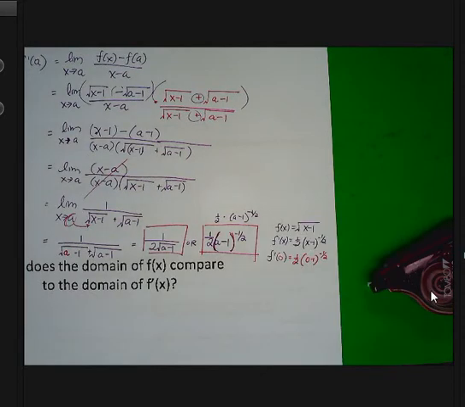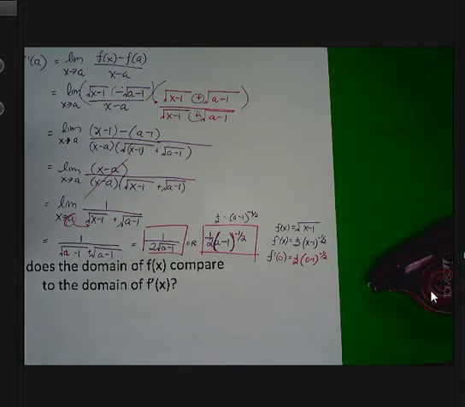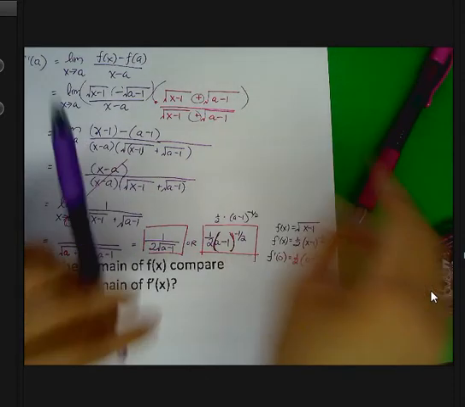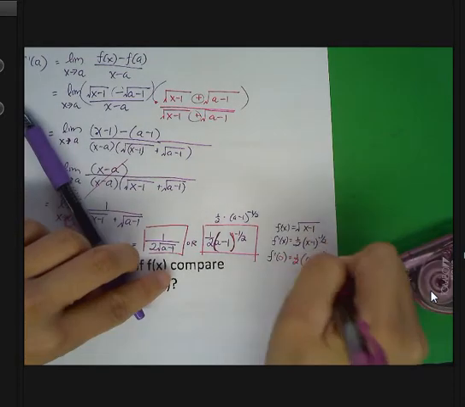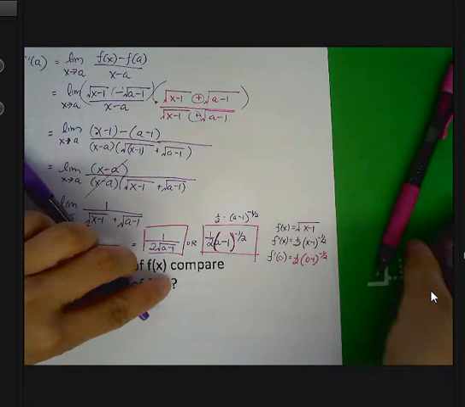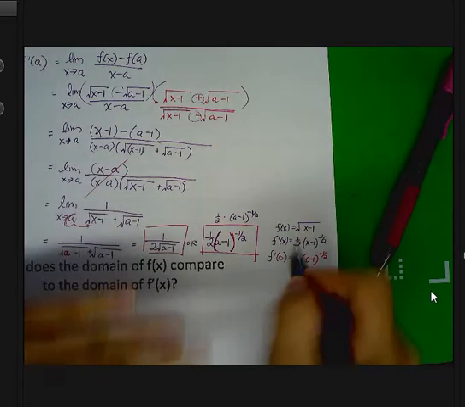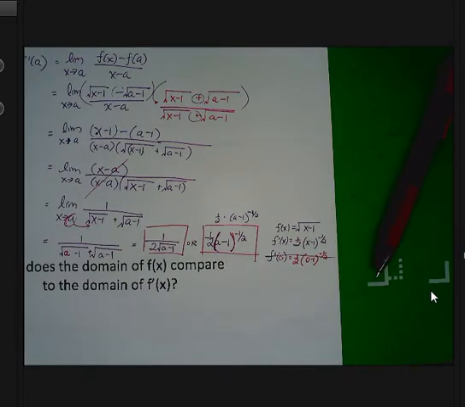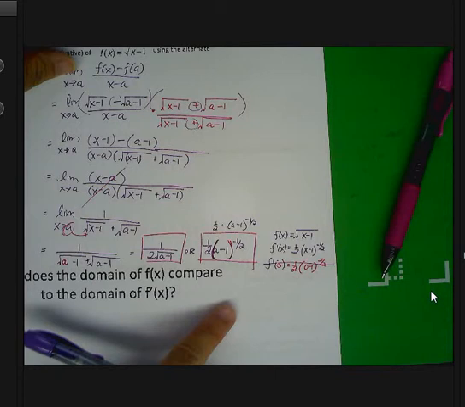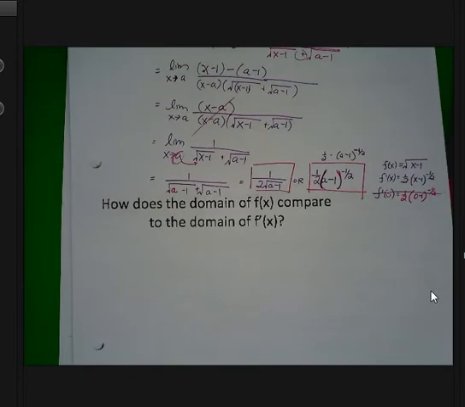But that's actually imaginary, so that doesn't work. Which leads us to our next question: how does the domain of f of x compare to the domain of f prime of x? Do you guys remember what domain means?